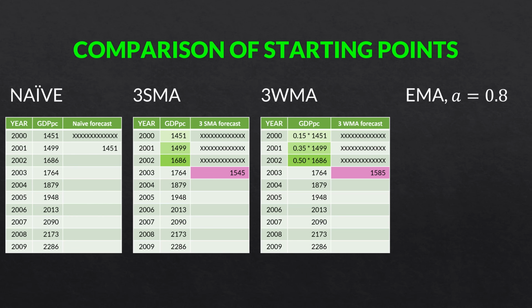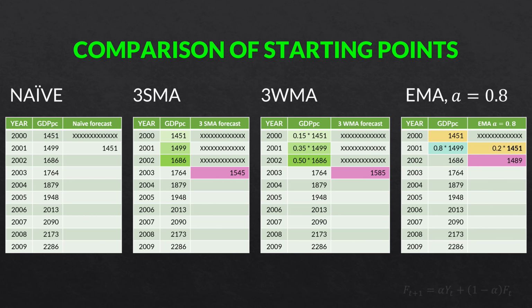Then for the EMA, with an alpha of 0.8, it starts like this. The EMA is a bit different in how it starts. So we begin by taking our first actual value of 1451. That moves into the forecast position for 2001. That's the starting point.